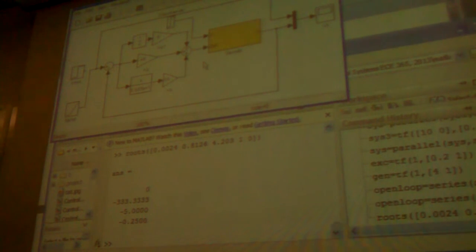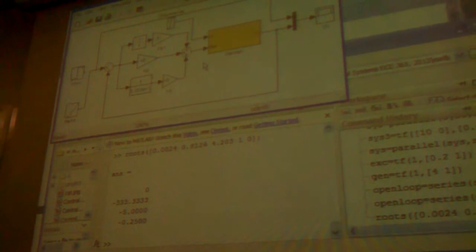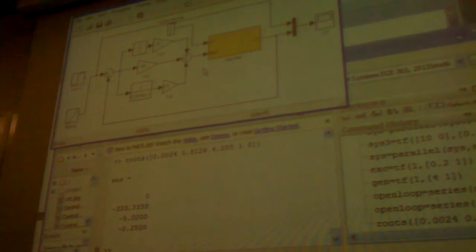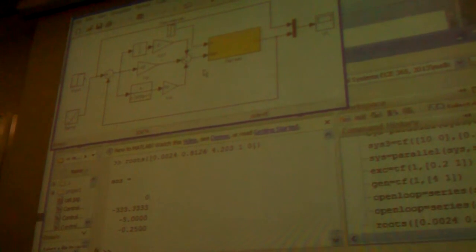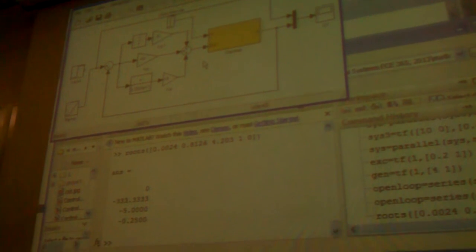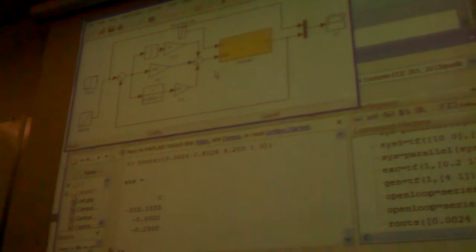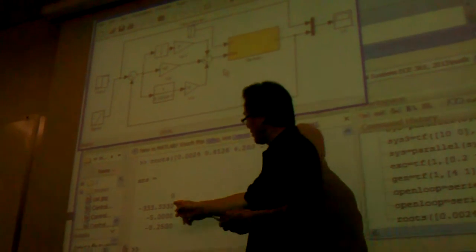Because that's actually multiplication, right? So this is the feedback loop like this. There is 1, 2, 3. There's the integrator, 1 integrator here, and 2 zeros.